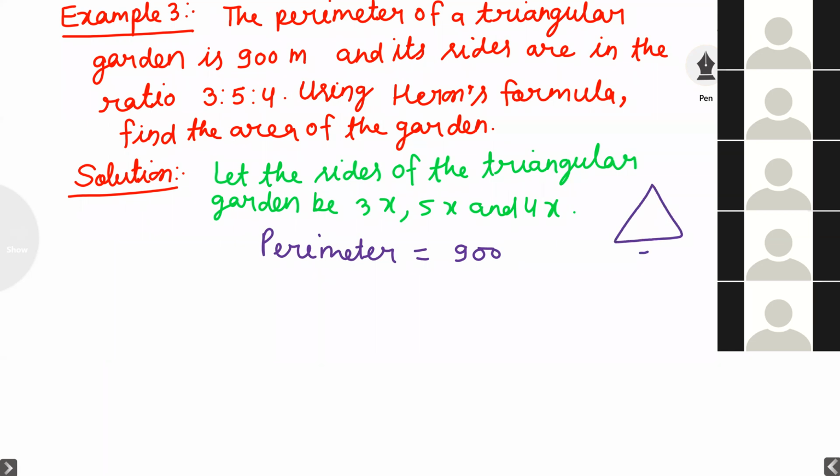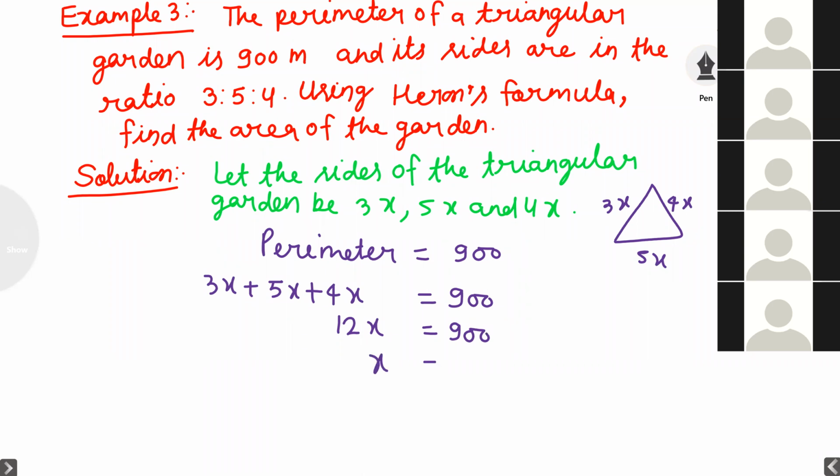The lengths are 3x, 5x and 4x. How to find perimeter, sum of measure of all sides? 3x plus 5x plus 4x is equal to 900. 12x is equal to 900, because all are like terms. Now 12x means 12 into x multiplication, so it becomes division. 900 by 12. The value of x has come 75.